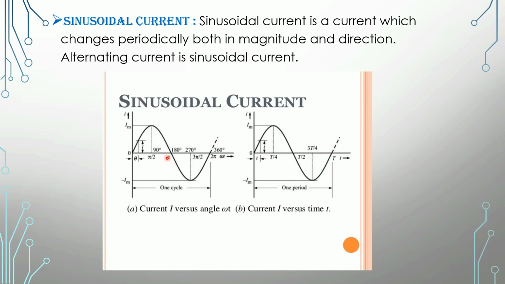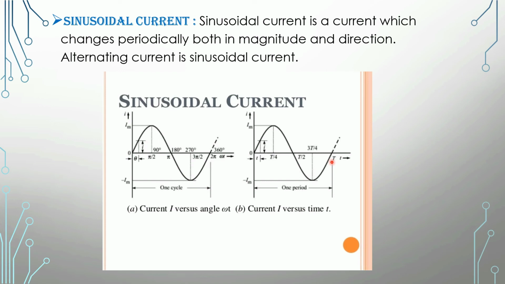The particles then reverse their direction and reach the maximum value in the opposite direction, after which it again returns to its original value, completing a negative cycle. So the same cycle, the positive cycle and the negative cycle, is repeated again and again, and hence alternating currents are also accompanied by alternating voltages.